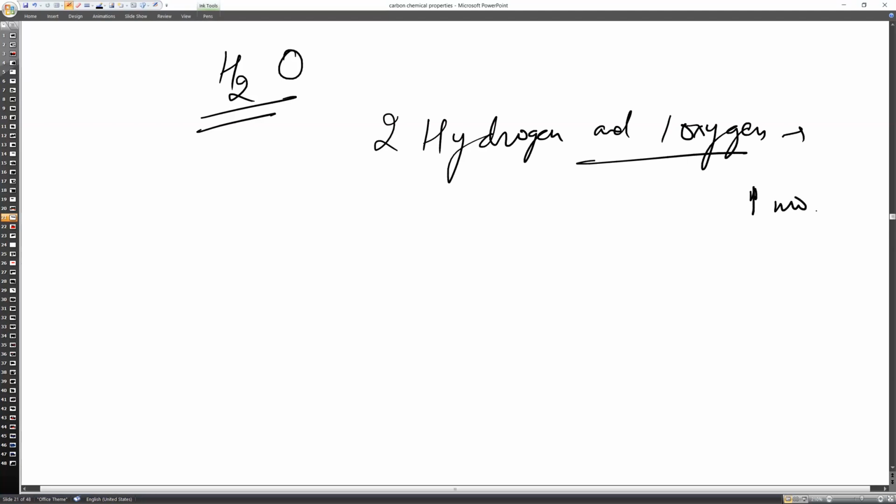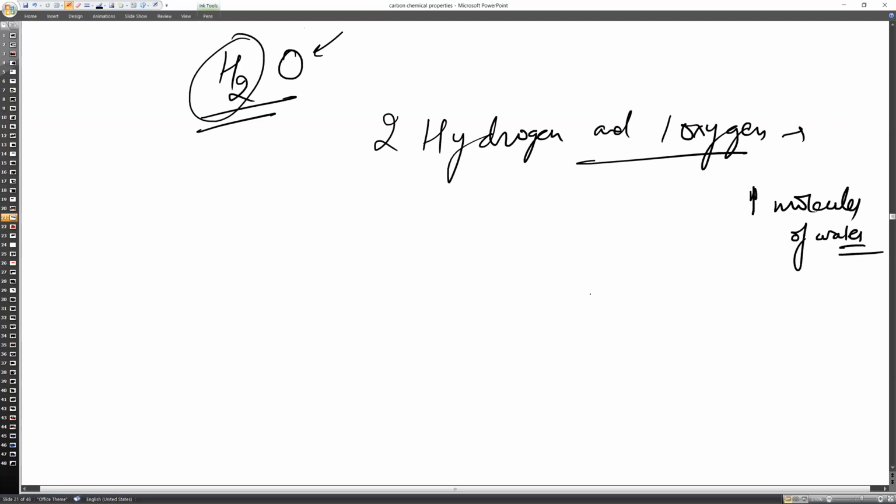Irrespective of where the water has been taken from, pond, lake, sea, rain, or river, if it is water, it must have two hydrogen and one oxygen atom. You cannot say that London water is going to have three hydrogen and two oxygen atoms.